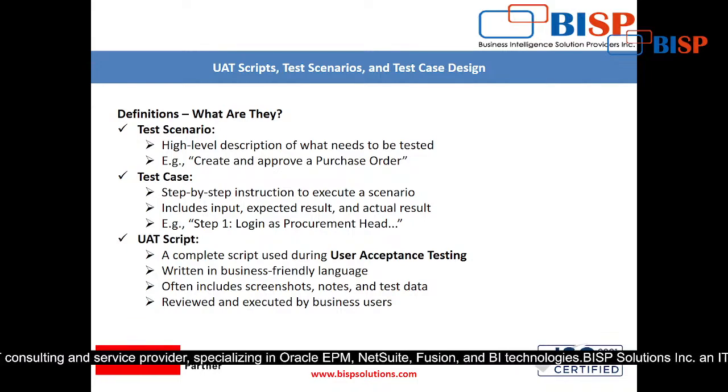UAT script means from beginning to end, this PPT will be in front of the client employee, and everything will be in front of them, and by viewing that PPT, they will just follow the steps, correct? Now test scenario is done, test case is done, UAT script is done.